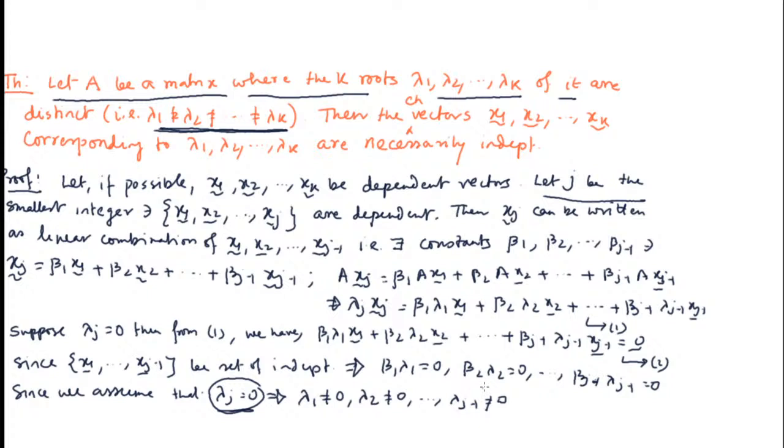Hence beta 1 equal to 0, beta 2 equal to 0, beta j minus 1 equal to 0. Clear?